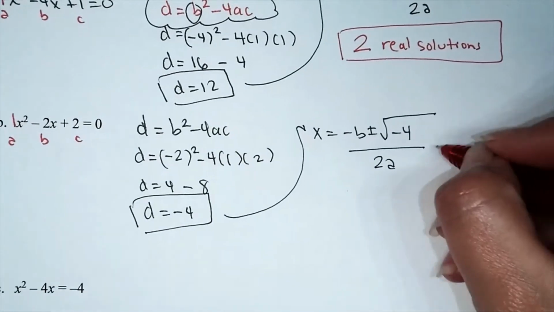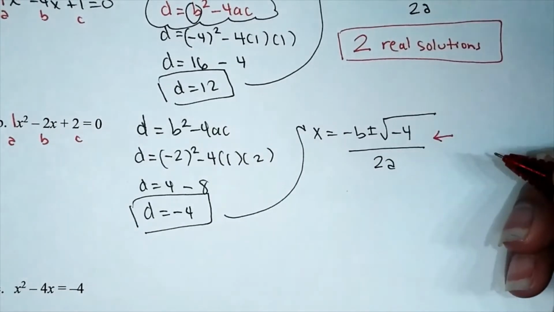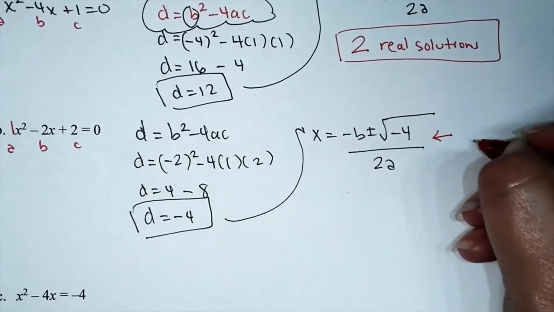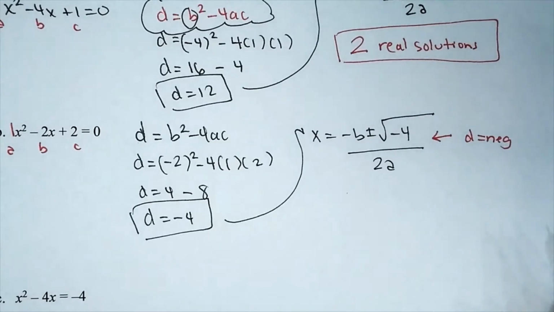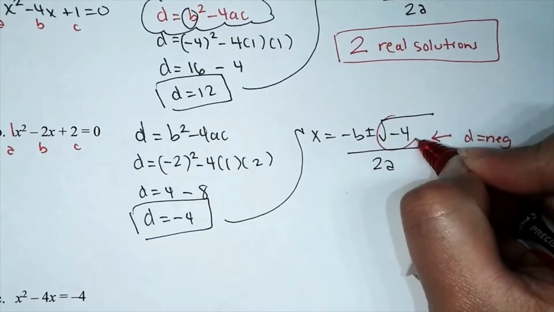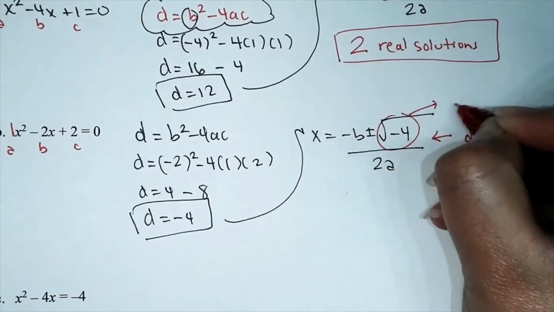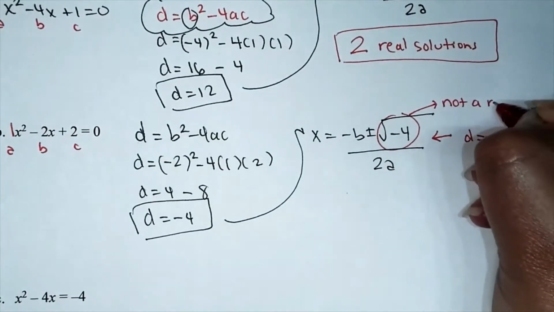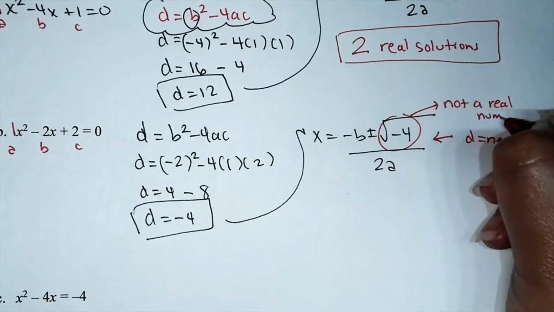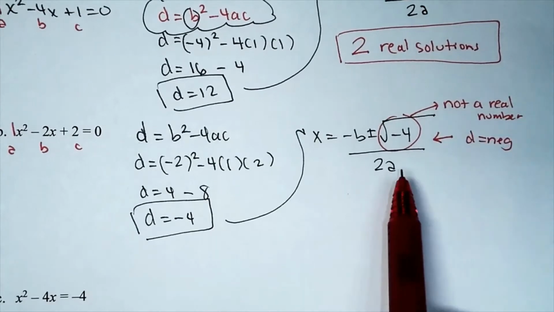Is the discriminant positive, negative, or 0? The discriminant is negative. So in this case, the square root of negative 4 represents a non-real number. Why is it not a real number? Because we're square rooting a negative number.